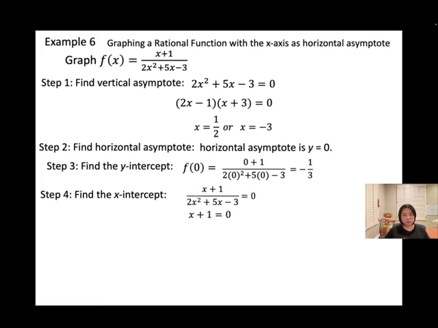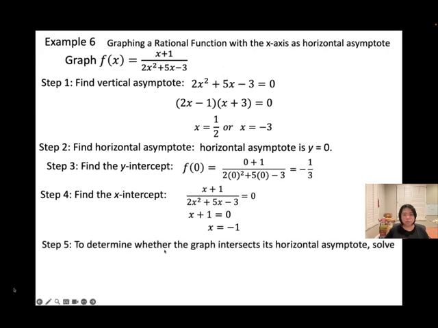Solve for it, so x is going to be equal to -1. So we do have the x-intercept and y-intercept. And then we're going to double check to determine whether the graph intercepts the horizontal asymptote. We're going to solve f of x equal to 0. Okay, make this guy equal to 0.